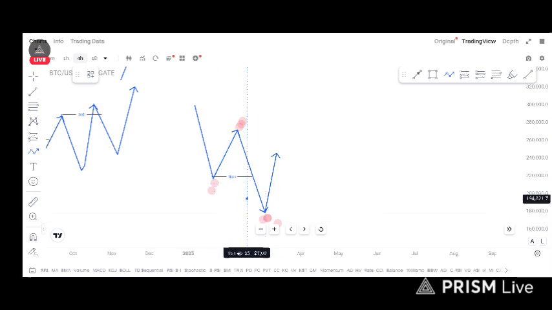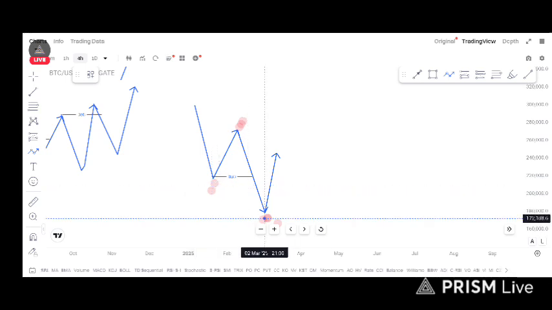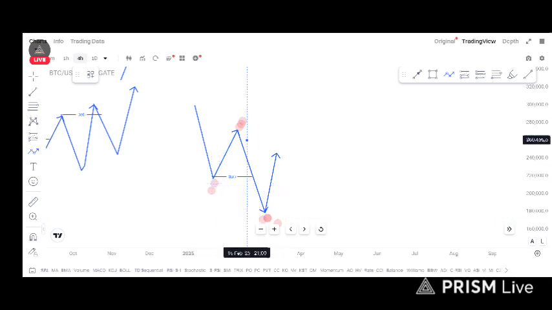Remember, there was a low here, and this new low is lower than this previous low. So this is our new lower low, and we now have a high. What you want to see in a downtrend is a lower high and a lower low.